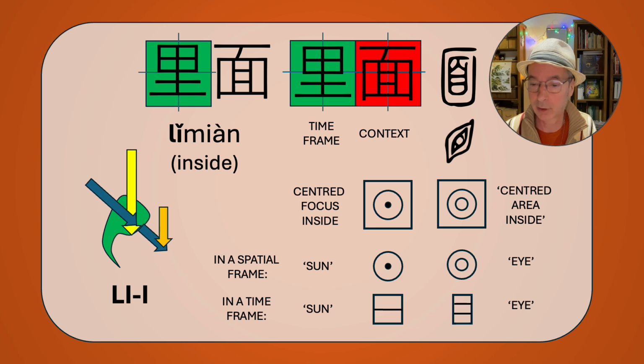Not because an eye accidentally fits into it, but because underneath it is a geometrical form. So that's the origin of that middle frame there, of that character there.